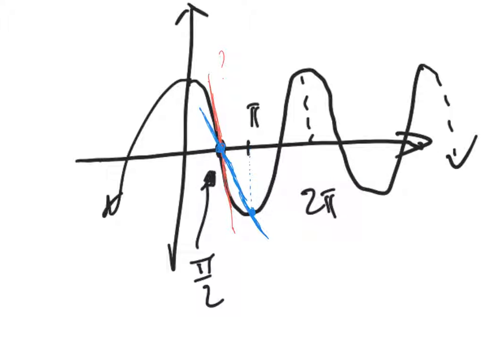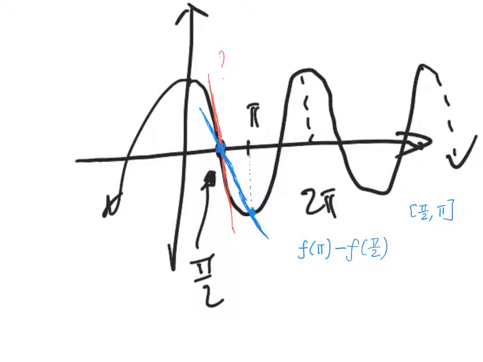I need to find the slope of this blue line. So it's going to be f of pi, that's this particular point, minus f of pi over 2. And why pi and pi over 2? Because I was given the interval pi over 2 to pi.